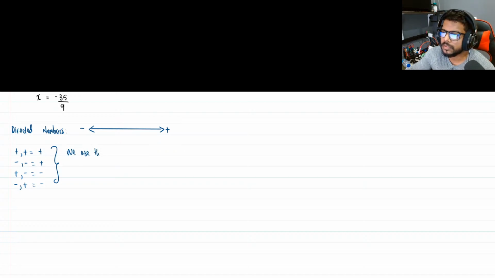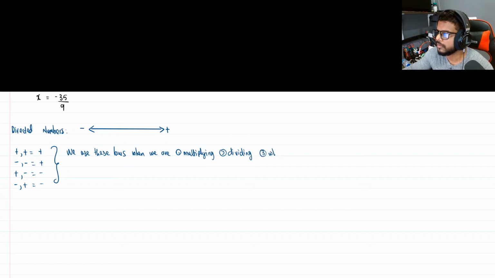We use these laws when we are 1. multiplying, 2. dividing, or 3. when the signs appear next to each other.